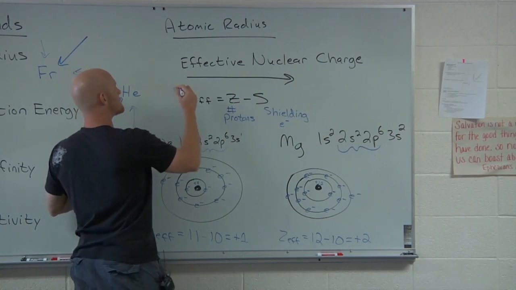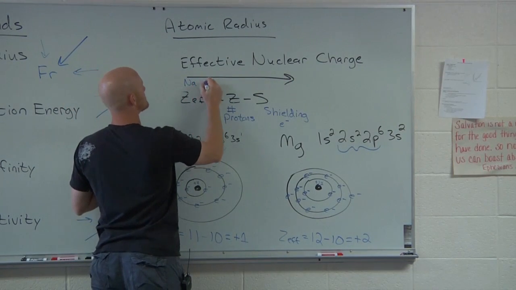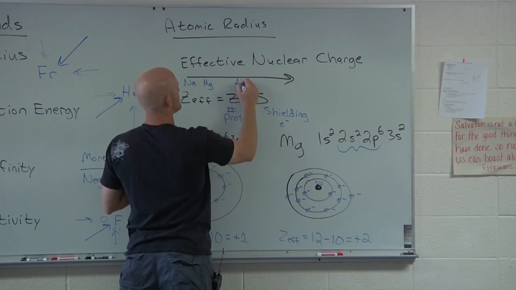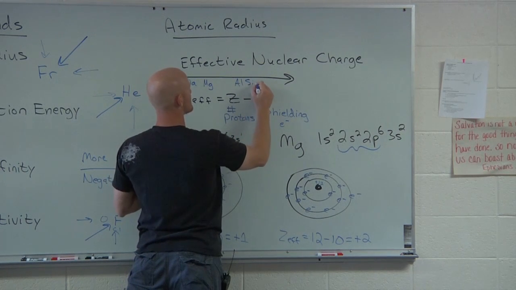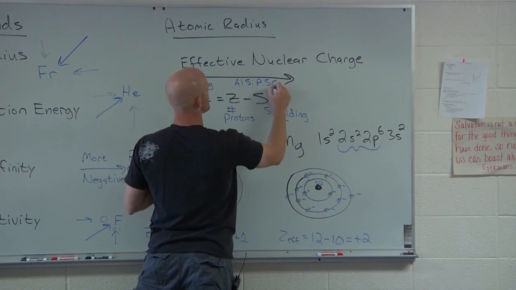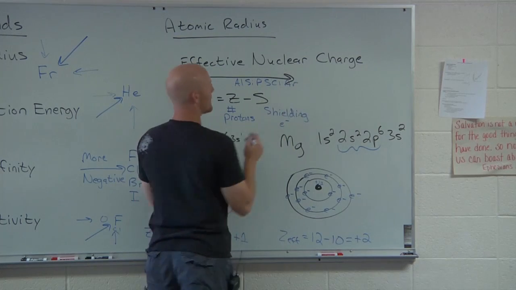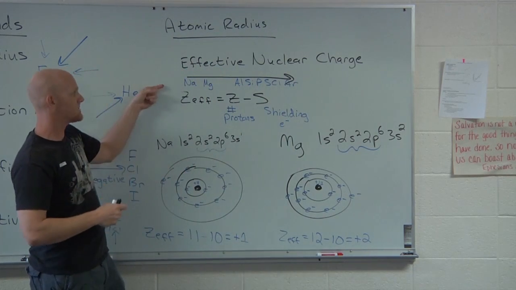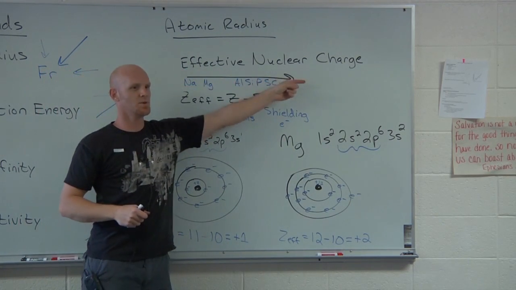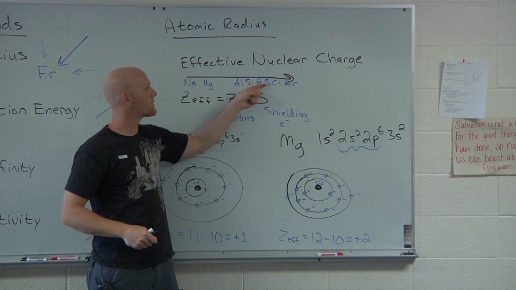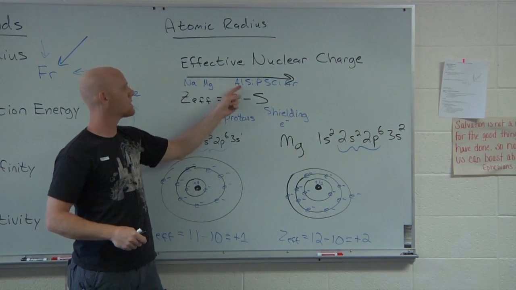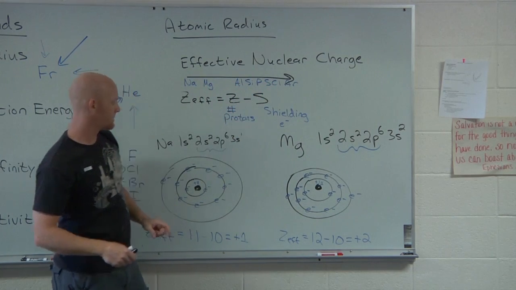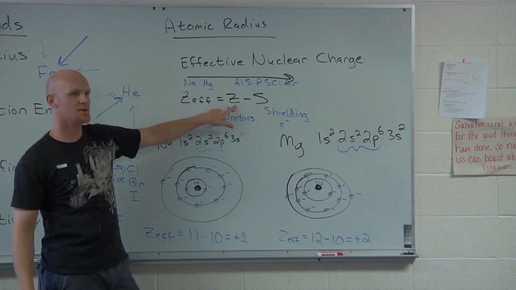And so notice as you go from, say, sodium to magnesium to aluminum to silicon to phosphorus to sulfur to chlorine to argon, all across the third row, that effective nuclear charge just keeps increasing, because as you go across that row, you get another proton all along the way. And so the Z value keeps increasing.